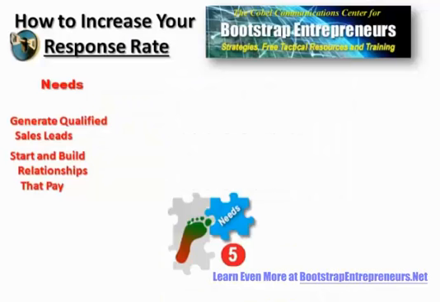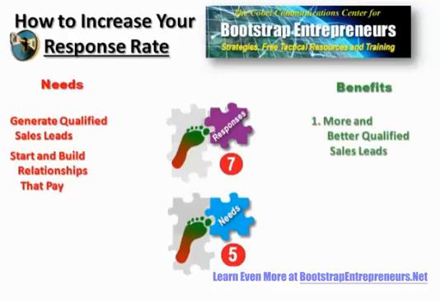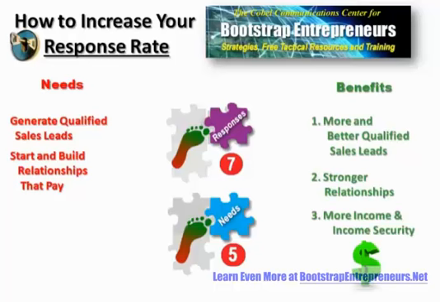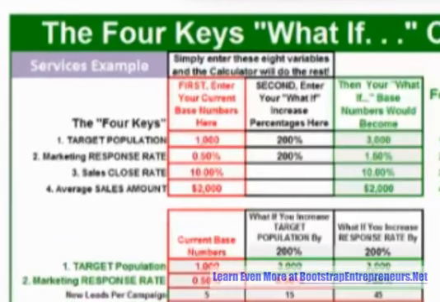Take our needs step and responses step together, and your benefits will be more and better qualified sales leads, stronger relationships, more income, and income security. Clearly, implementation of the needs and responses steps will help you dramatically increase your response rate. So let's see what would happen if instead of just a 100% increase, you increased your response rate by 200%.